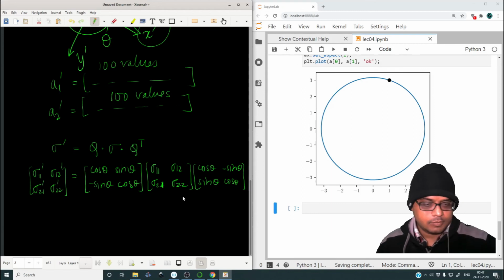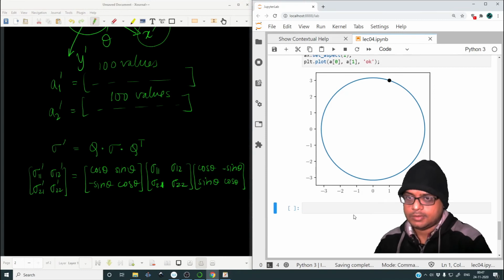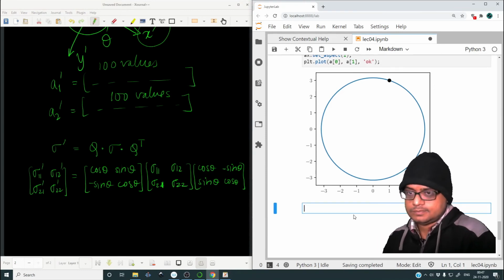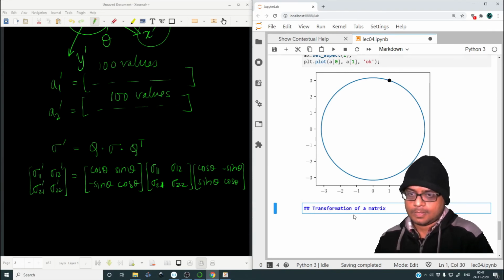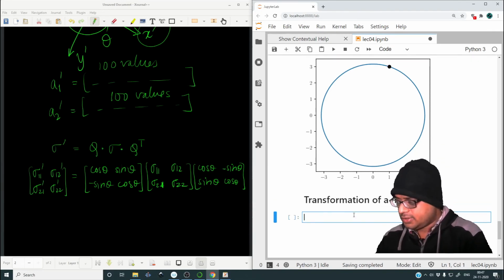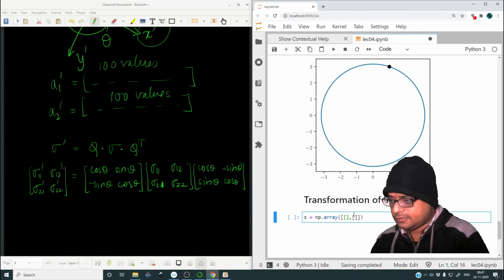So let us do this. Let me define a matrix S equal to 50 comma 30 and 30 comma minus 20.